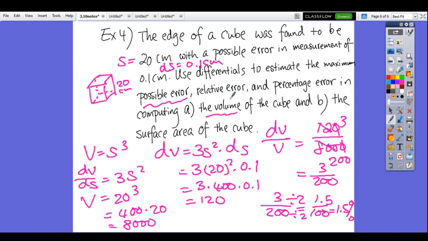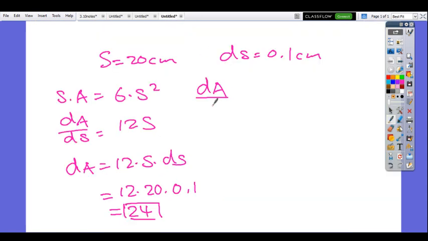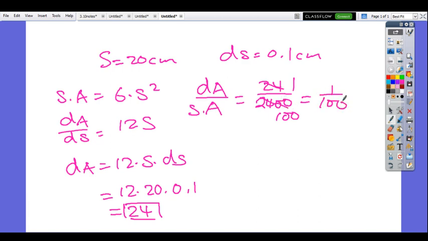Okay, so 24. Now let's find the relative error. dA over A, so dA is 24, and the surface area for this one is 6 times 20 squared. 20 squared is 400, times 6 is 2400. Then reduce, and that would be 1 over 100.